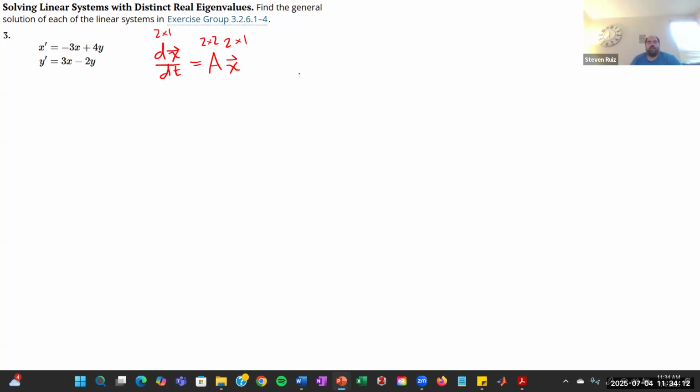So the way to do that is to find the eigenvalues of A. A is going to be populated with all the coefficients of X and Y. So -3, 4, 3, -2. And how do you find the eigenvalues of A? That comes from solving this equation. So the determinant of A minus lambda I, and set that equal to 0.